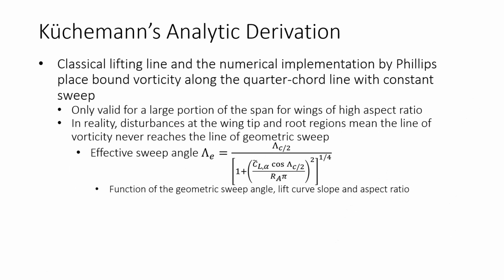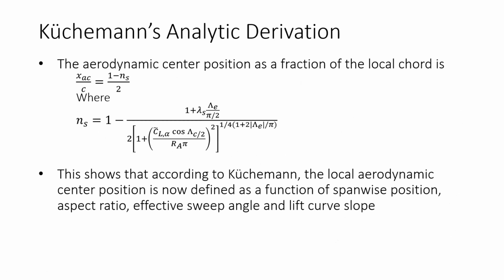So he came up with an effective sweep angle. I just want to point out that this is a function of aspect ratio and section lift curve slope, so C_L alpha here and RA is aspect ratio. This is for finite wings basically because aspect ratio is in it.